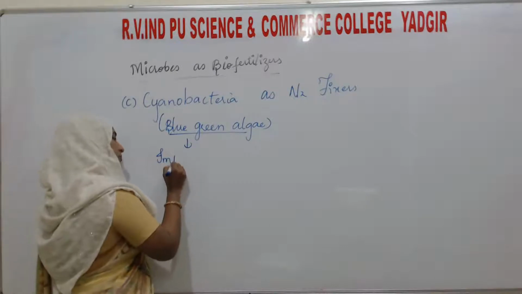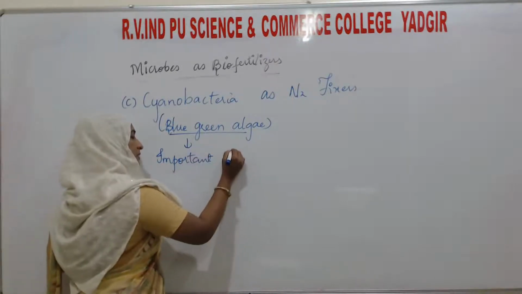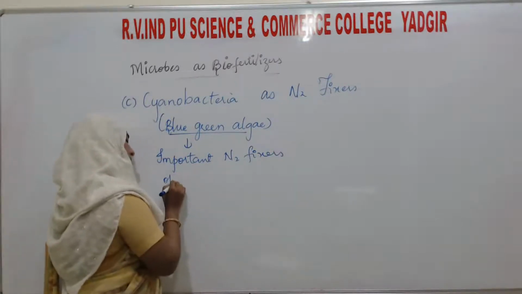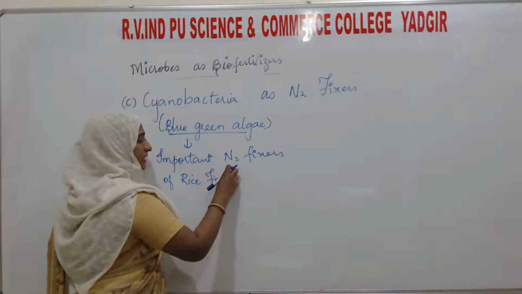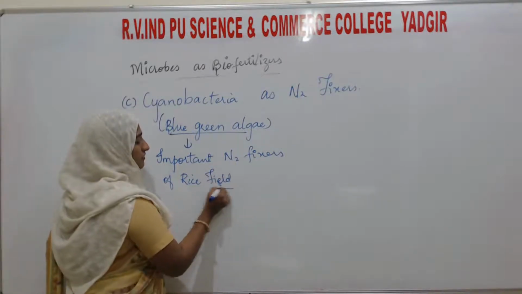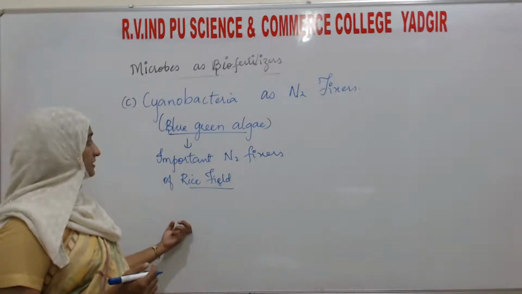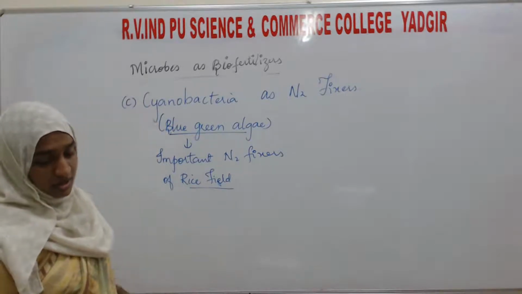In the rice field, who is going to fix the nitrogen and provide a biofertilizer? Some of the cyanobacteria or blue-green algae.